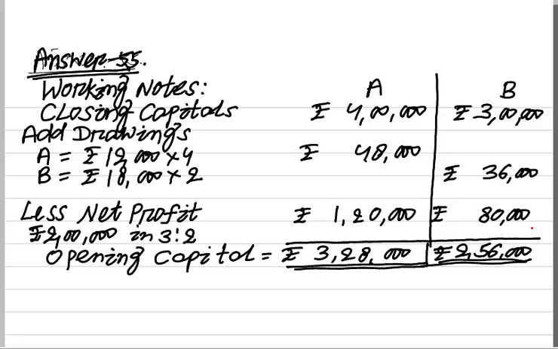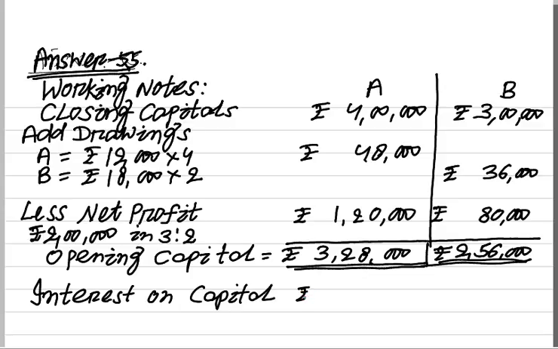Interest is usually allowed on opening capitals. It is rupees 16,400 for A, and that of B it is 12,800.